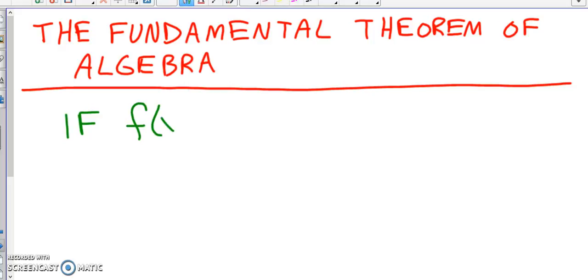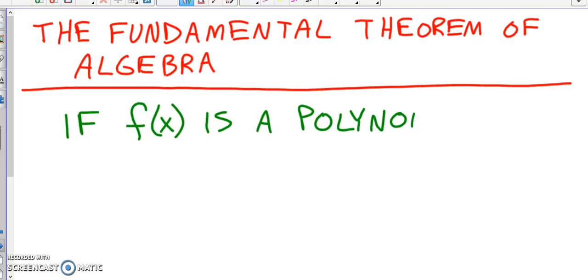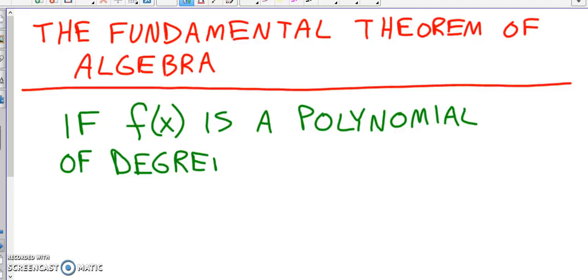If f of x is a polynomial of degree n, where n is greater than or equal to 1. Because obviously, if it were degree 0, chances are it wouldn't have any zeros because it'd be a horizontal line, it probably wouldn't cross the x-axis.